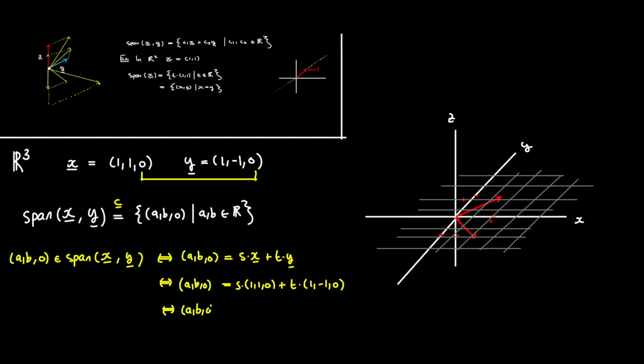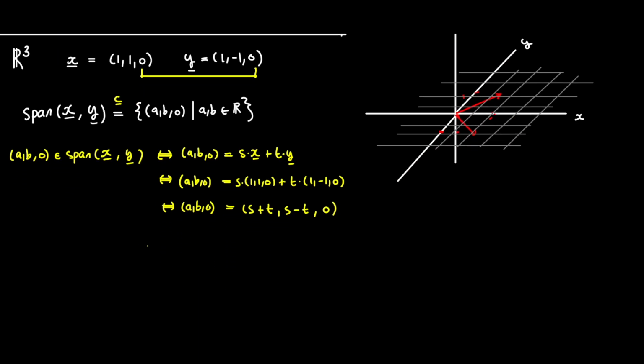So (a, b, 0) is just equal to, adding the components here, s plus t here, and s minus t here, and here we get 0, just for the same reason that I said earlier.